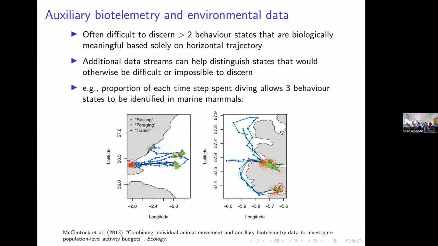A classic example is what we have here, where if you were to analyze this as a three-state model based on just the trajectory, it wouldn't be able to differentiate the resting state from the foraging state because they look virtually identical based on the horizontal trajectory. But here, by including just dive data, is it diving or not? You then can differentiate the resting when it's not diving versus the foraging when it is diving, even though those horizontal trajectories look almost identical. So it can be really handy for distinguishing those different types of states.